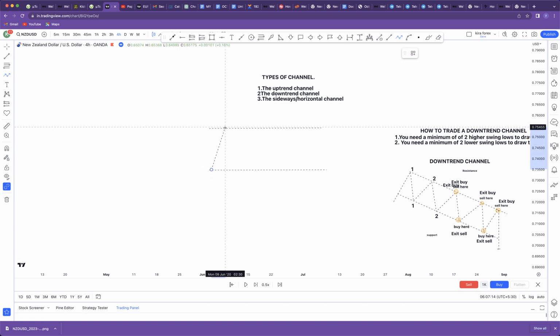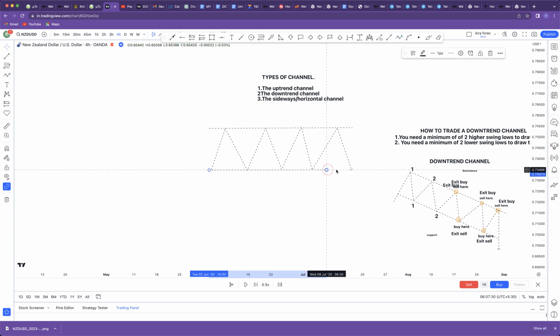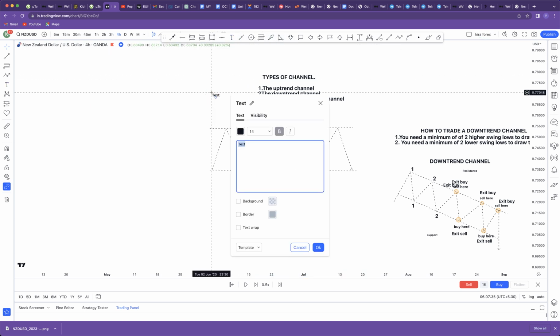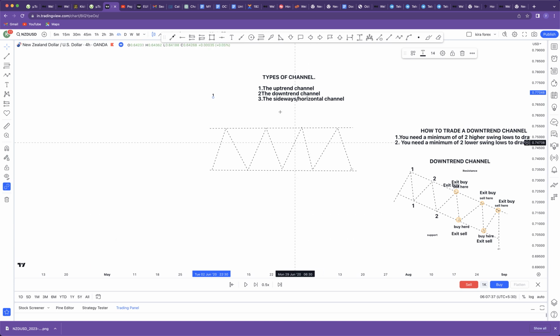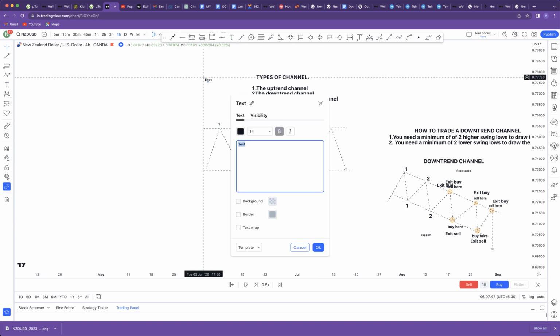But with sideways or horizontal channels, you can actually start trading the setup at point 2. This is the example I'm going to show you. Please understand this. You can start trading the setup at point 2, which can be both a resistance or support level, based on the fact that a prior resistance or support level is already visible, and you should expect price to bounce from those levels.